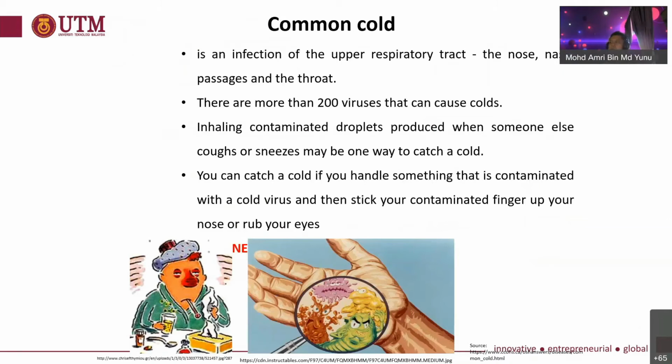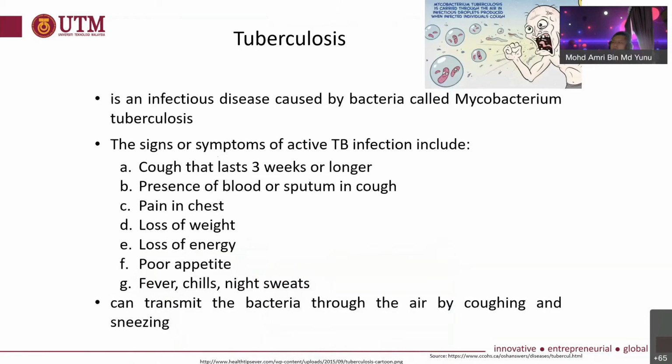Common cold, but I think we are talking about something more serious, and what we are facing now is COVID. So one of the symptoms is common cold. Tuberculosis. This is a bacteria that usually causes an infection in the lungs. It could affect other organs like the kidney, or parts of the body like the spine and brain.